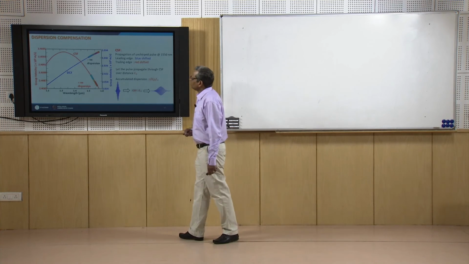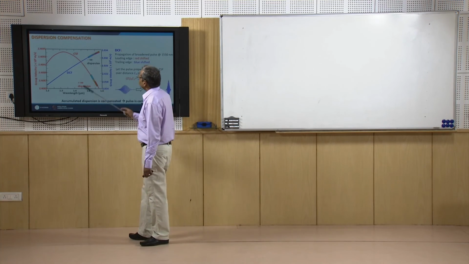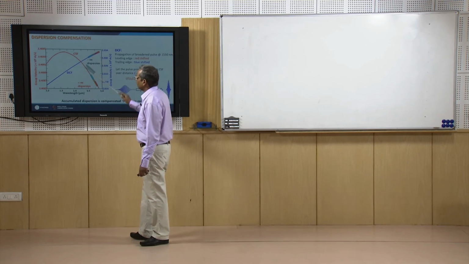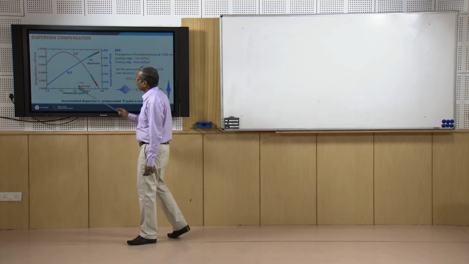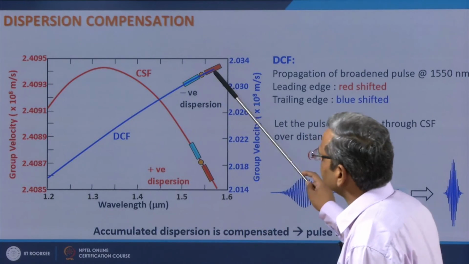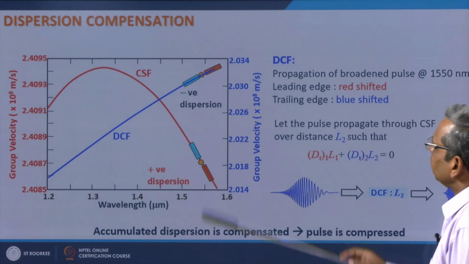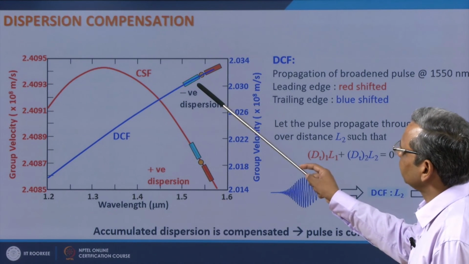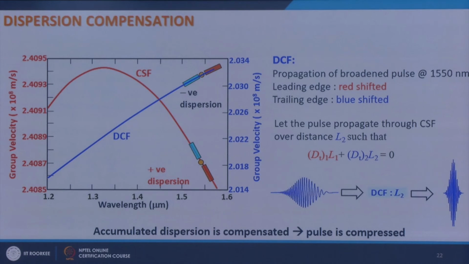If I now change the design of my fiber in such a way that its group velocity dispersion curve looks like this, then here what I see, the longer wavelength components travel faster and shorter wavelength components travel slower. Then the leading edge of the pulse gets red shifted while the trailing edge gets blue shifted.